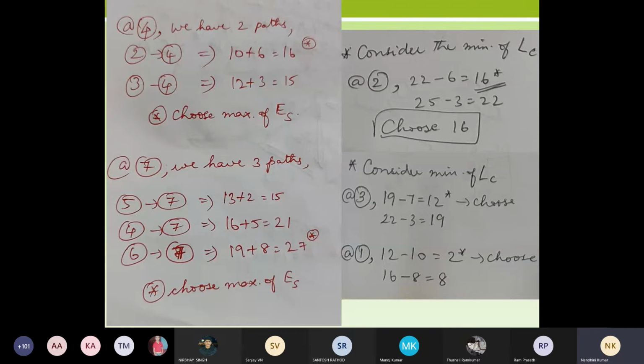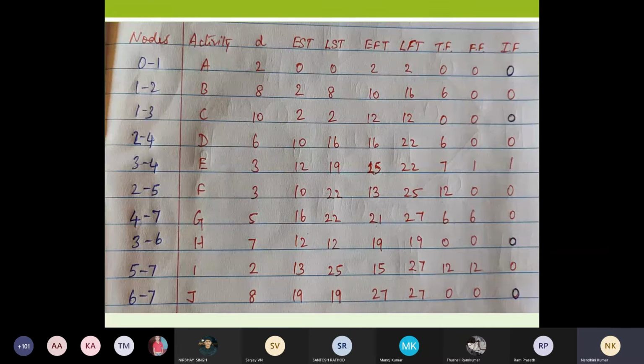After this, I have given steps. If you're stuck somewhere, you can refer to these steps and verify. Now you're going to draw a tabular column and calculate your remaining parameters. What have they asked you? They have asked you the total float, free float, and independent float, only the independent floats, not the interference float.